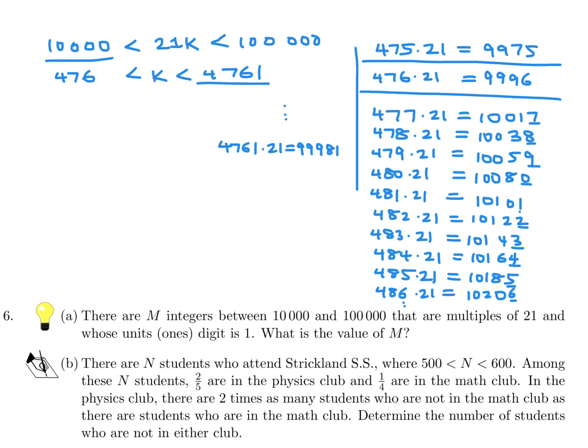Okay, so we're still within the boundary, and the very next one will go out of it. Just add 21, so it'll be 100002. So basically, we started with 477 times 21, and we ended here.